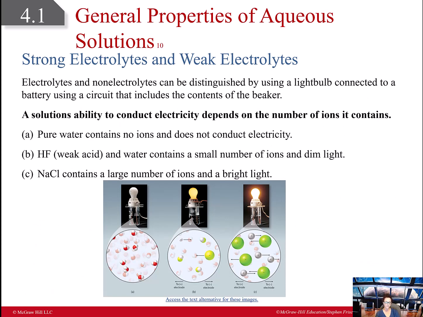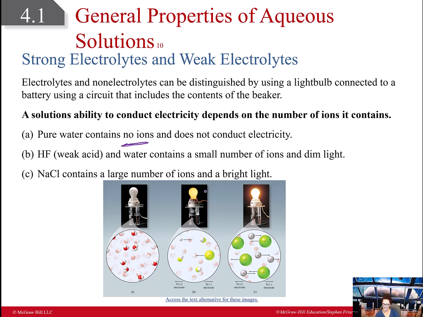So if we're wondering whether a solution is a strong electrolyte or a weak electrolyte, we can use what's called the light bulb test. Pure water, which contains no ions, will not conduct electricity if you form a circuit with a cathode and anode.